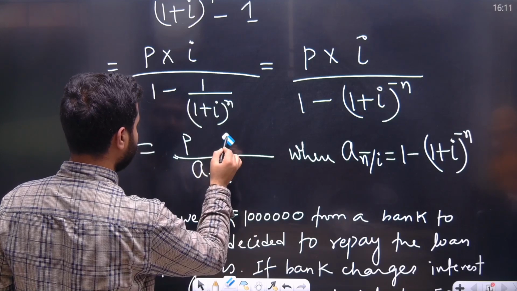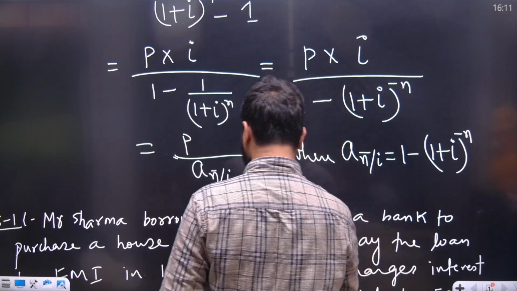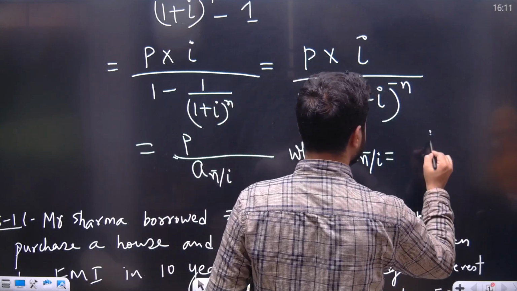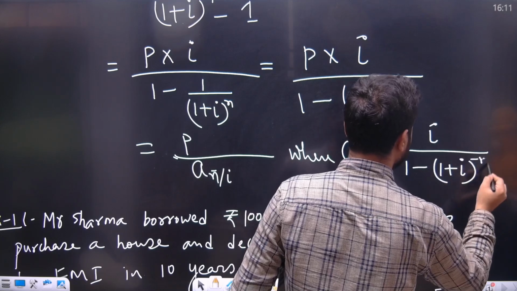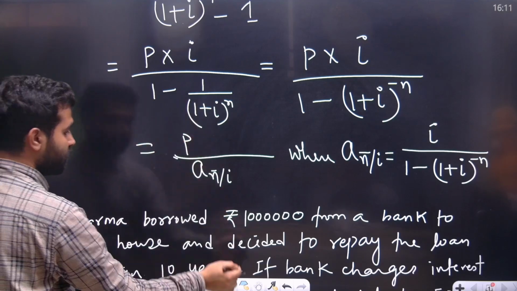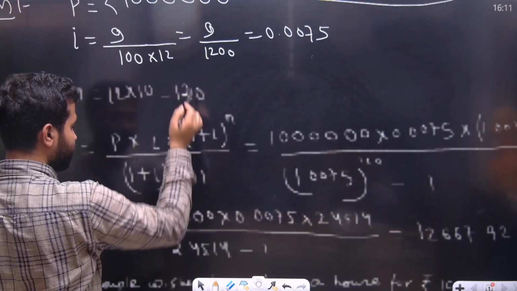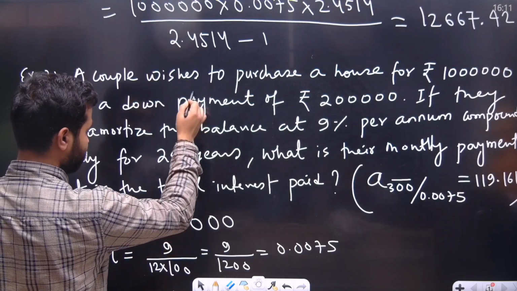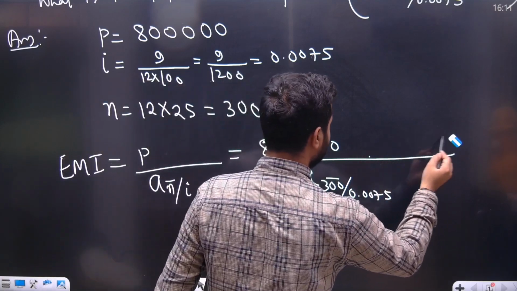And the value of this part will become I by 1 minus (1 plus I) whole to the power minus n. So our EMI formula is reduced into this in the reducing balance method. There was a little mistake in the formula while writing, so now you can modify this formula by removing this part.